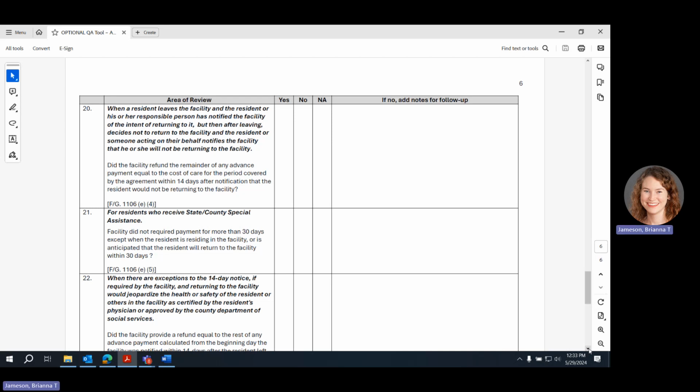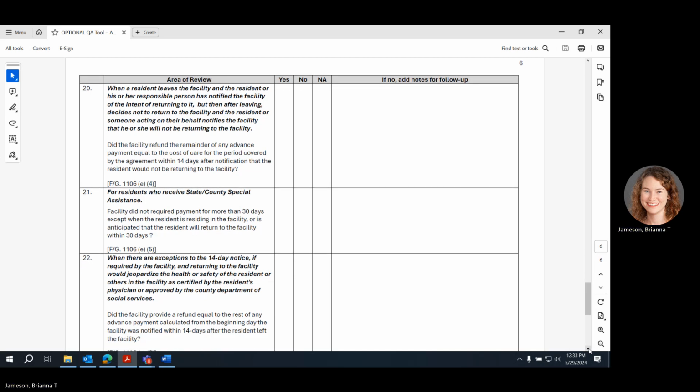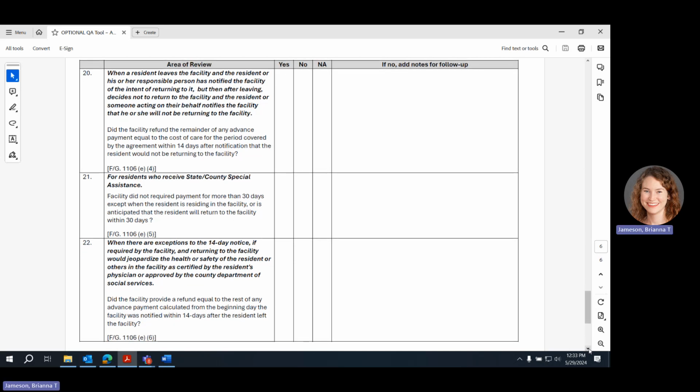The 22nd area of review: when there are exceptions to the 14-day notice, if required by the facility, and returning to the facility would jeopardize the health or safety of the resident or others in the facility as certified by the resident's physician or approved by the County Department of Social Services, did the facility provide a refund equal to the rest of any advance payment calculated from the beginning day the facility was notified within 14 days after the resident left the facility?